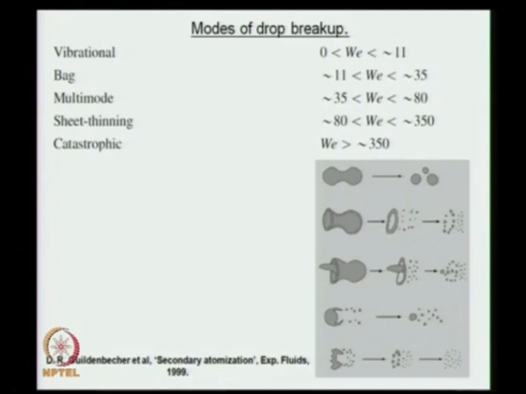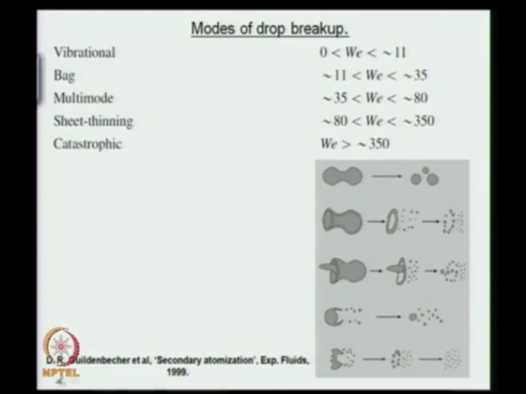This is a simple classification from the work by Guildenbecher et al., from a paper titled Secondary Atomization. What they show is that there are several different regimes of Weber number under which one could expect the single droplet to behave differently over the range of Weber numbers.